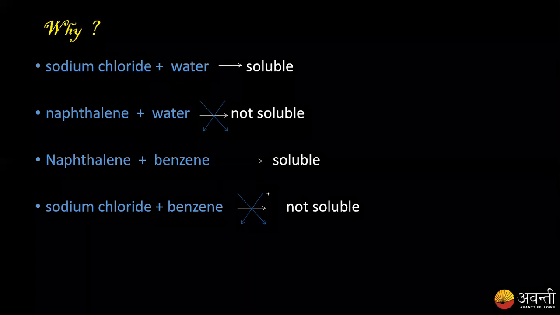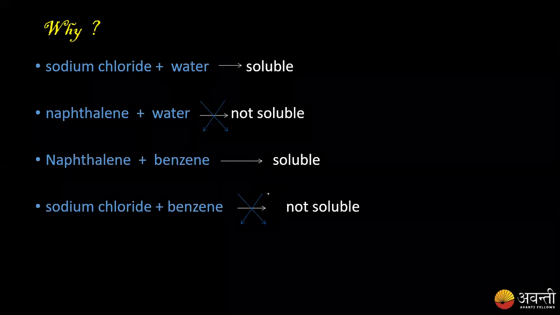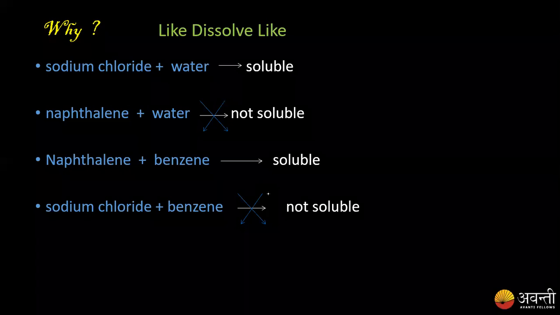Like dissolves like. What does that mean? It means polar will be dissolved in polar, and non-polar will be dissolved in non-polar. So if you have a polar solute, it will be soluble in a polar solvent, and a non-polar solute will be soluble in a non-polar solvent.